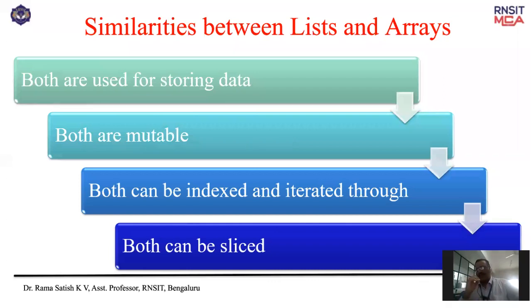We can slice also, remove also, extract also, and iterate through. I can put the list directly in the for loop, and the array also I can put directly in the for loop. So both are iterable. Those are the similarities.